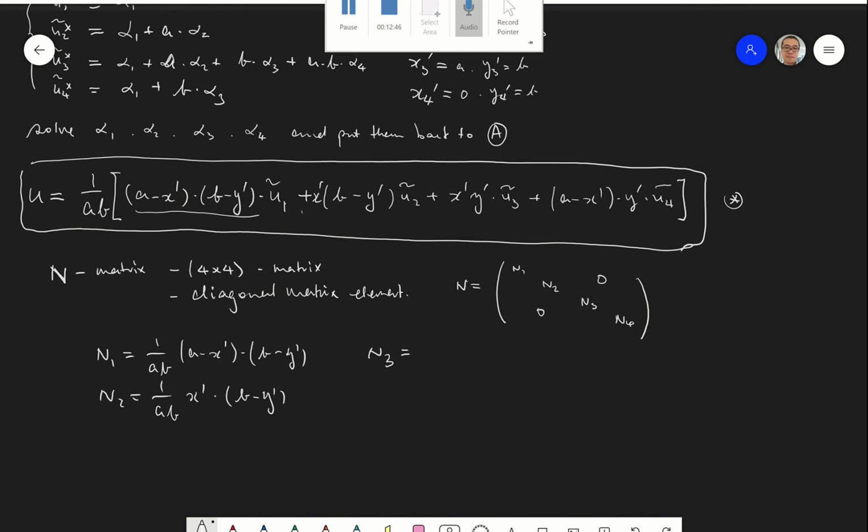N3 will be x prime times y prime times 1 over AB. And N4 is basically 1 over AB times a minus x prime times y prime. So now we have worked out the whole shape function for a rectangular finite element.